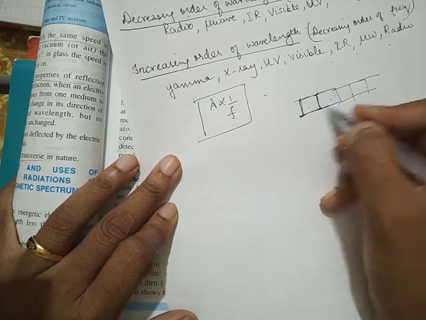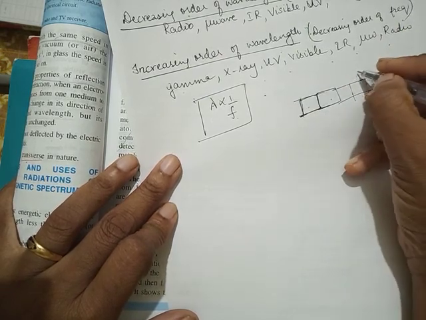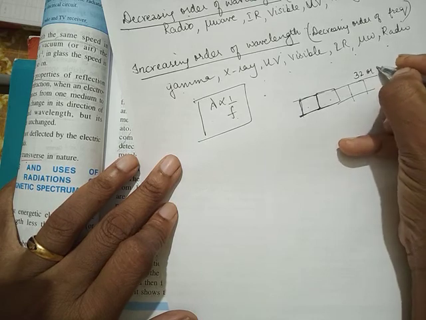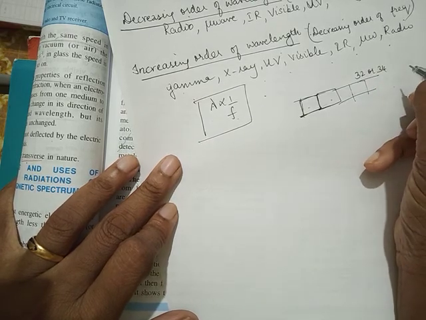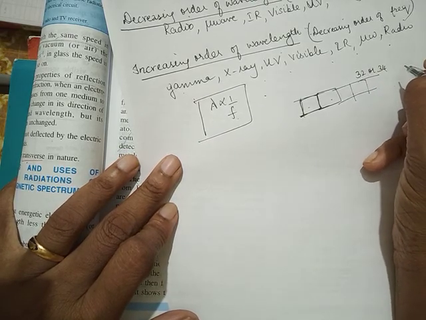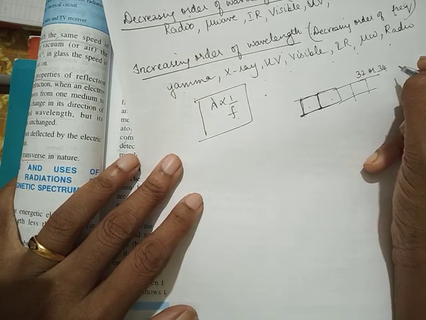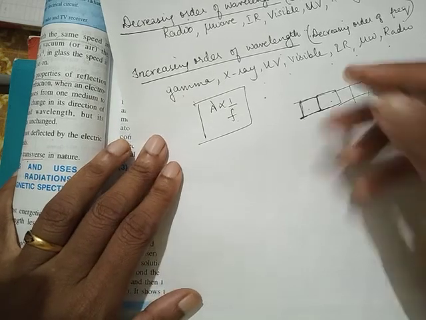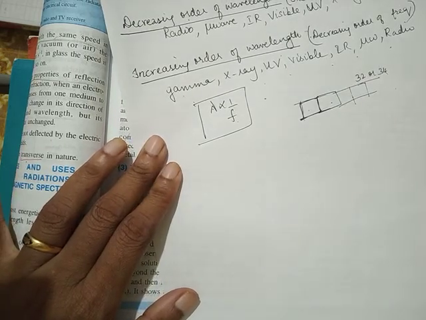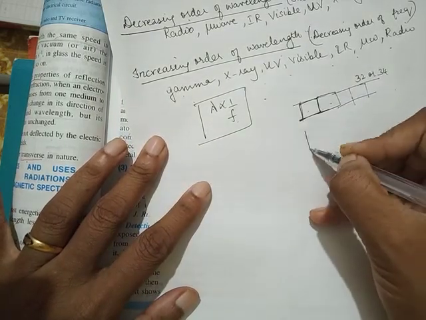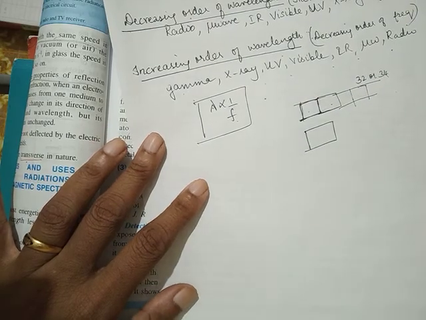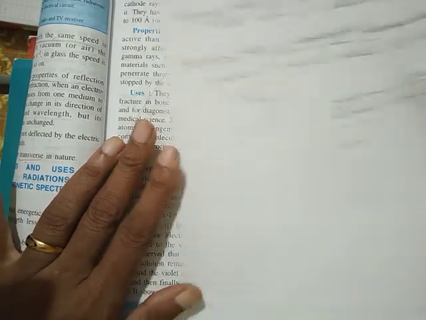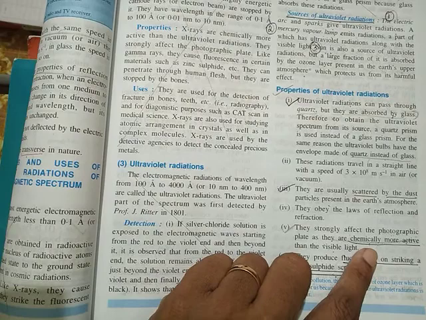After you're finished, every roll will have some 32 or 34 snaps. After that, you have to give it in a photographic developing studio kind of a thing, where they will develop and get you the hard copy of the photographs. So that's called the photographic film.